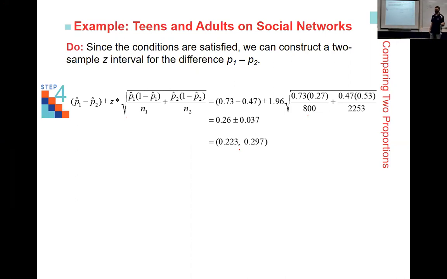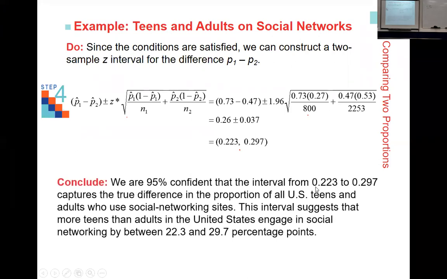And then in our step 4, we are going to finish with our usual step 4 sentence. I am 95% confident that the actual difference in proportions of teens and adults that use social networking sites is between these 2 numbers. Or in terms of how the book writes it, this is how the book writes it, this first sentence. And then the second sentence isn't necessary.